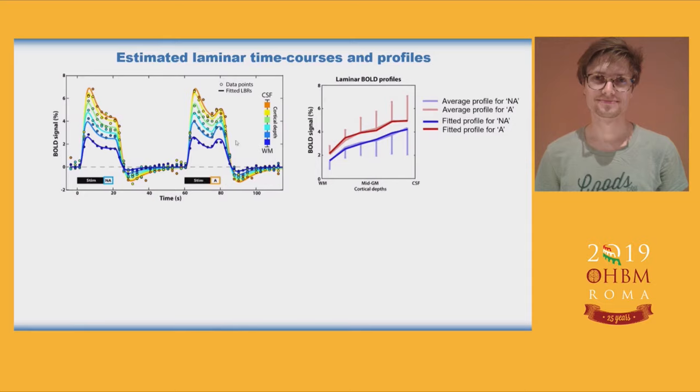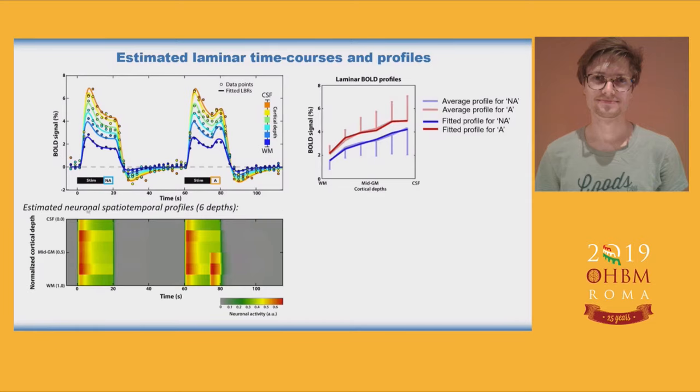And here we see in more detail those estimated laminar BOLD profiles for both non-action and action responses. And by basically allowing or modeling both spatial and temporal hemodynamics of the laminar BOLD response with our model, we were able to estimate the underlying neuronal profiles at 6 cortical depths, which, even though they represent a coarse spatial representation of original neuronal responses, are still quite accurately matched.